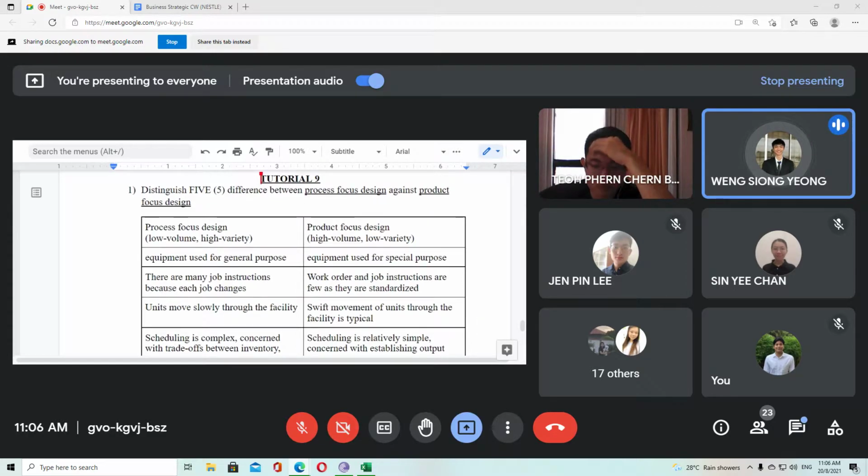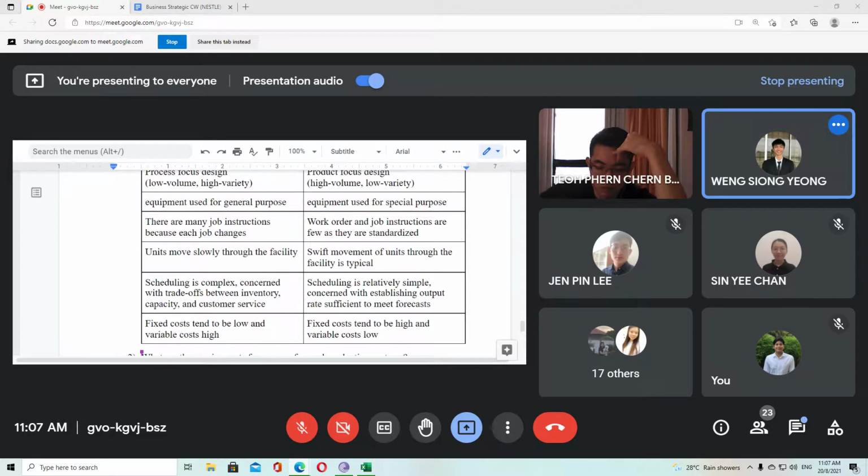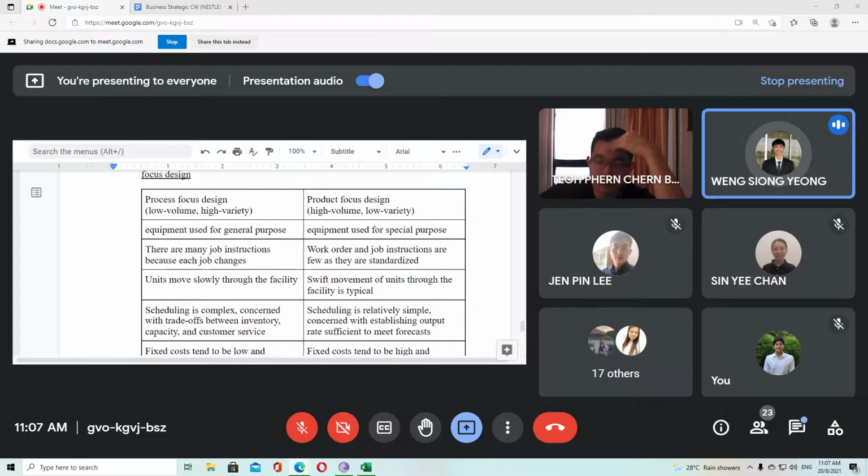Besides that, in process focused design the units move slowly through the facility, and in product focused design, swift movement of units through the facility is typical. For process focused design, the scheduling is complex, concerning trade-offs between inventories, capacity, and customer service.